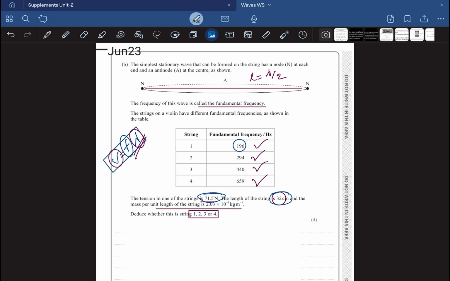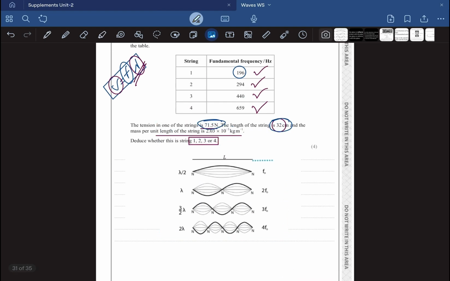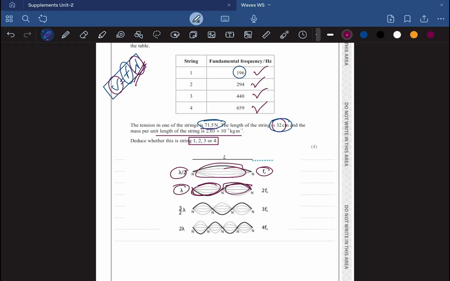I can actually show you a few more graphs right here. When there is only one loop, it is the fundamental frequency f naught, and the length is lambda by 2. When there are two loops, the length is lambda, and when there are three loops, the length is 3 by 2 lambda.